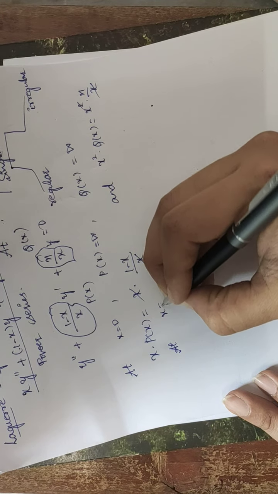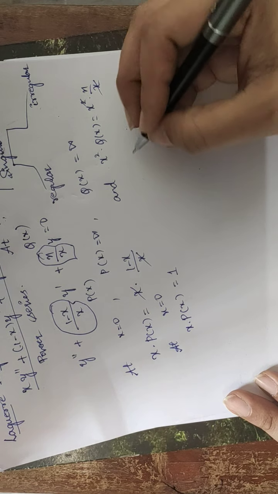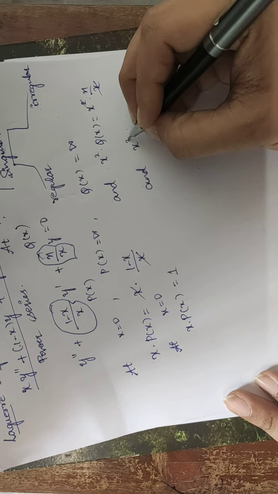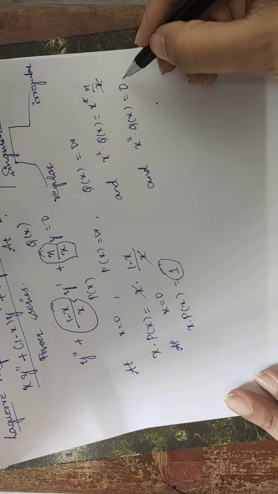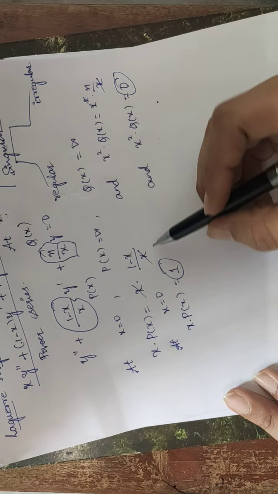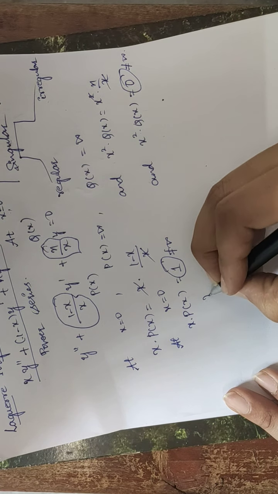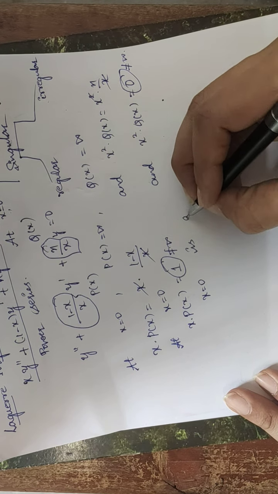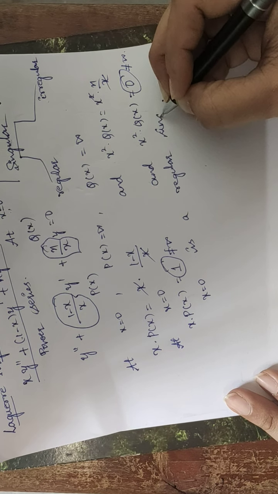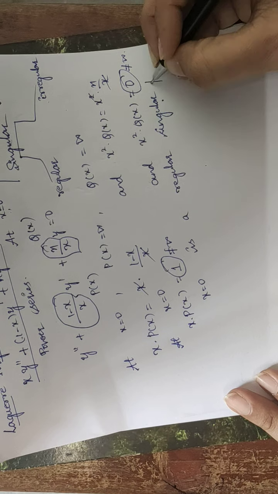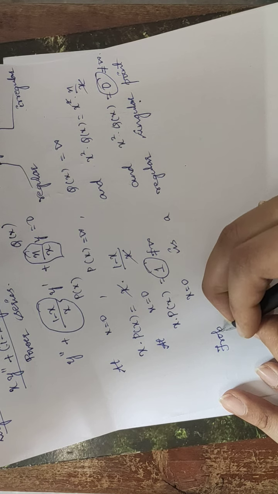Again at x is equal to 0, x into p of x is equal to 1 and x square into q of x will be equal to 0. So I am getting finite values, that means this is not equal to infinity. So x is equal to 0 is a regular singular point. Now I have to use the Frobenius method in order to solve this problem.